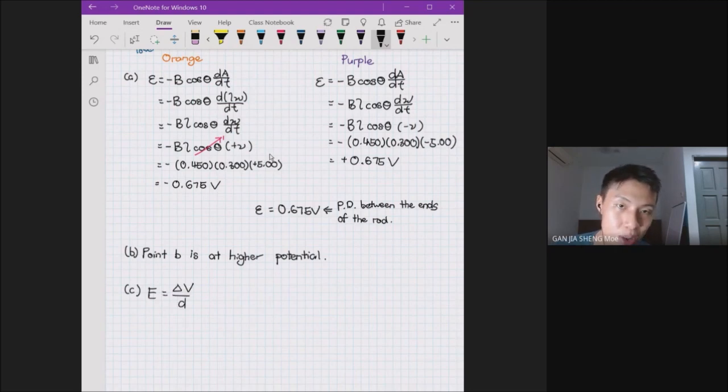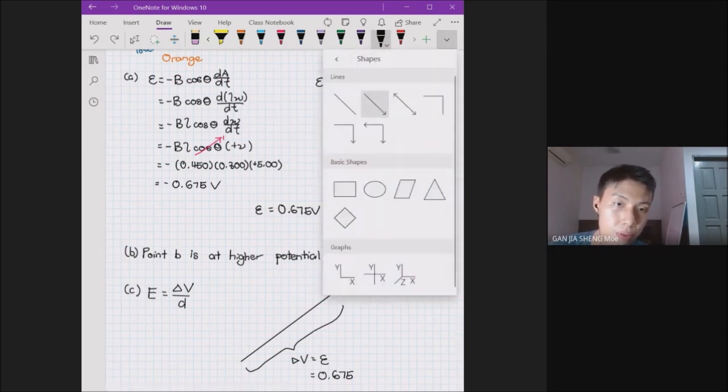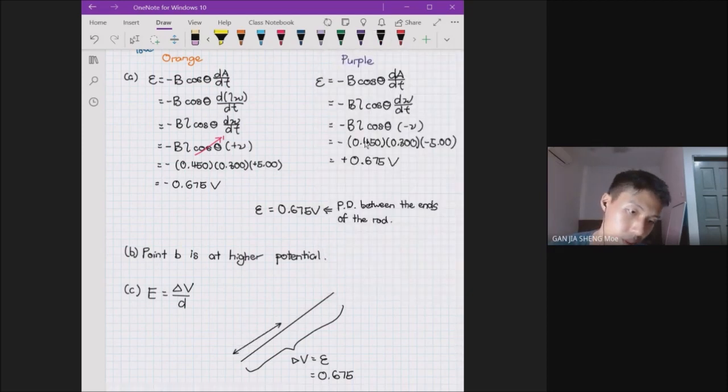So this is your rod, right? You know that the delta V between these two points equals the EMF, which equals 0.675. And you know the distance between these two ends.